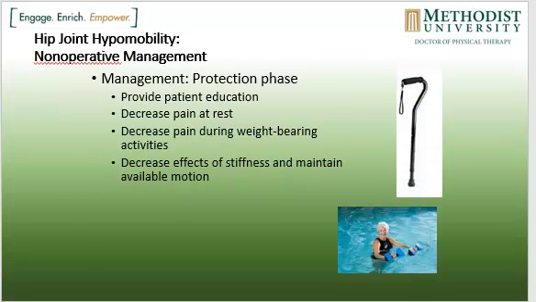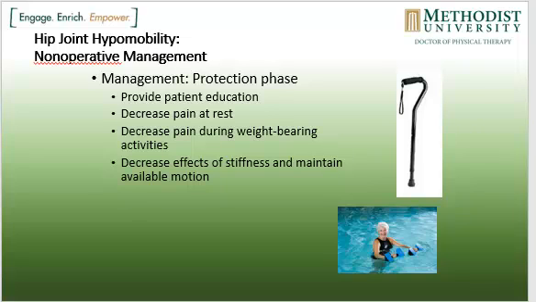So what do we do for management of these patients? In the protection phase, so the earlier phases when we get this patient, our main focus will be patient education and getting them to be safe with their daily tasks. And this will include educating them on how to appropriately perform ADLs without increasing risk of injury or risk of falls.